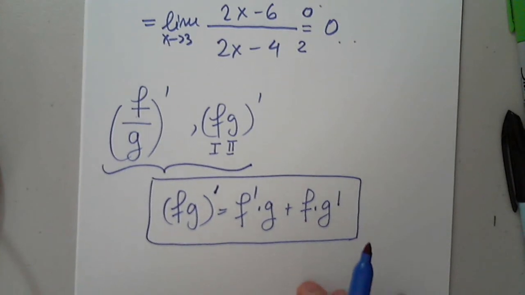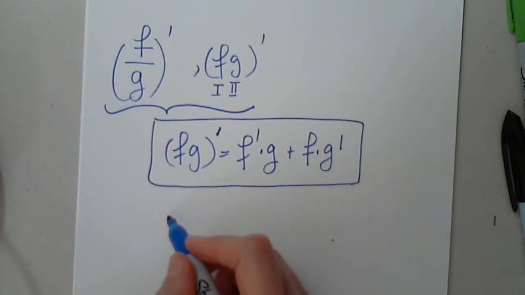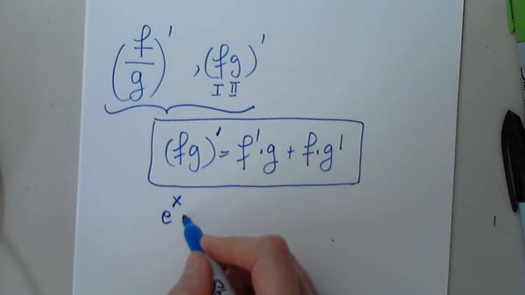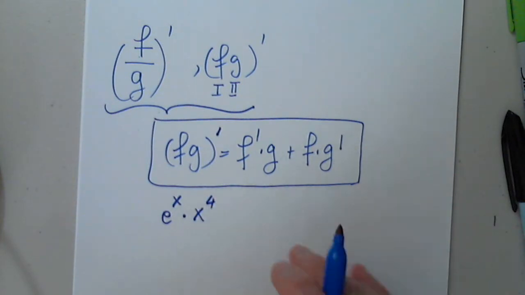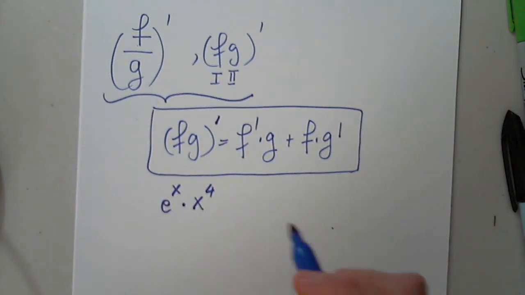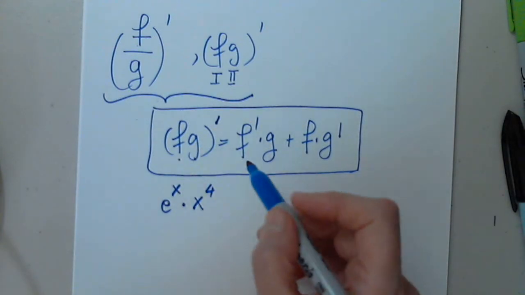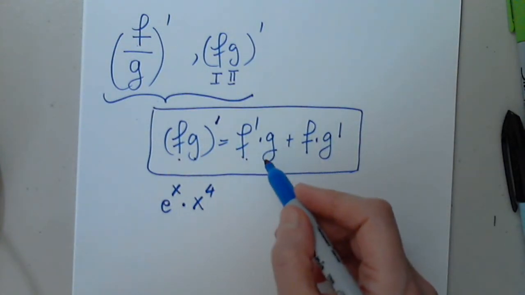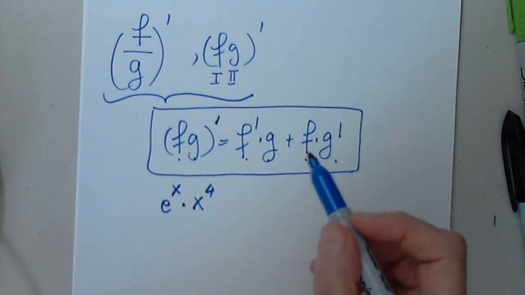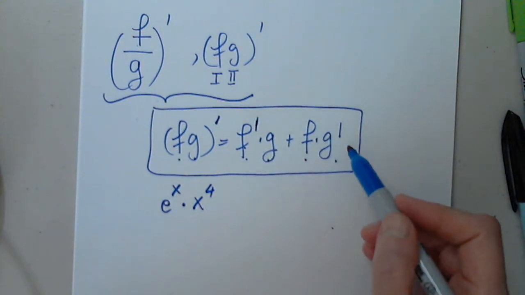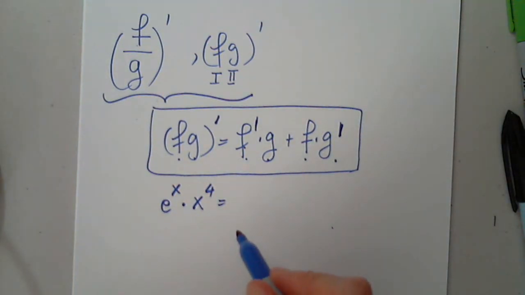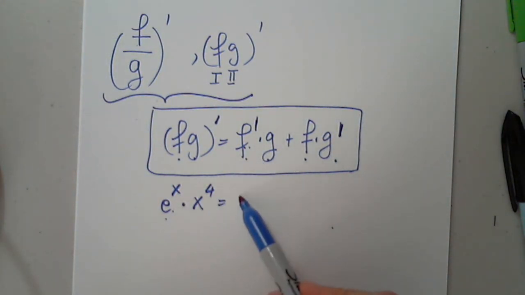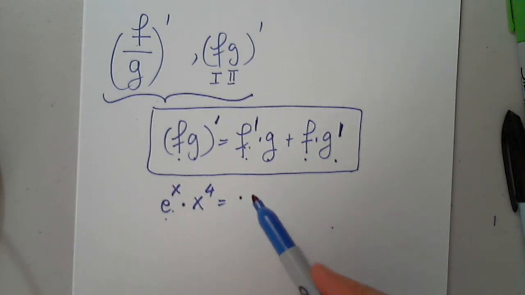meaning every time I have a product like e to the x times x to the 4th, for example, this is function 1, function 2. The first time this is prime, the second time this is prime. How do I differentiate? First, the first function. What is e to the x prime equal to?